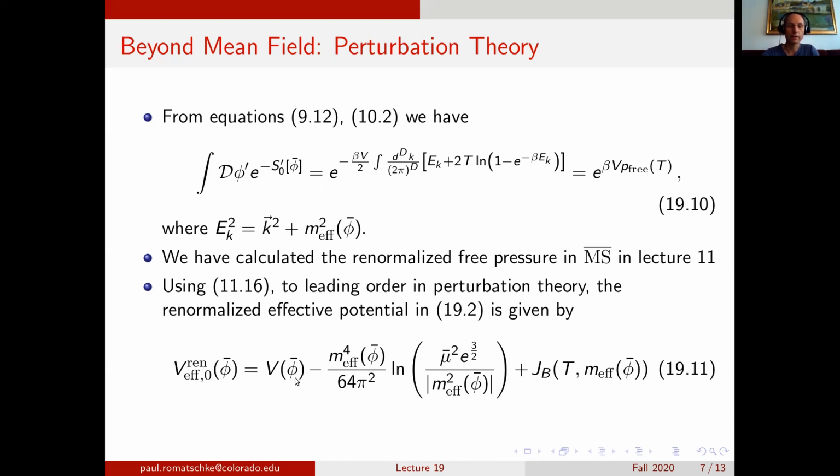It's given by the classical potential evaluated at the mean field, and then there are two terms that come from the renormalized pressure that we've written down in equation 19.10. One of them is a zero temperature contribution, and the other one is a thermal contribution to the pressure.